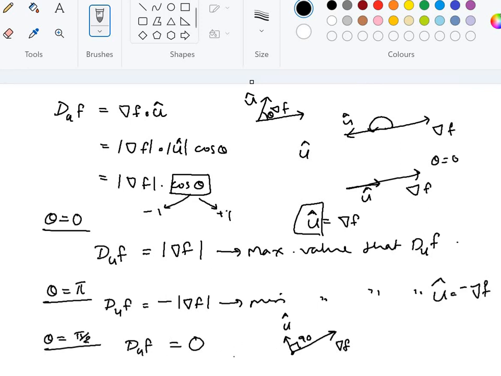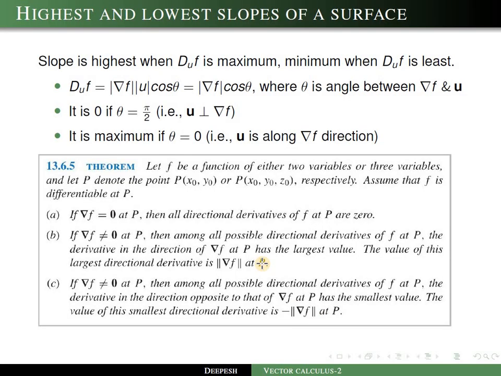That means there will not be any ascent or descent if you go perpendicular to the direction of del f. So that's how it helps in identifying the geometry of surfaces.